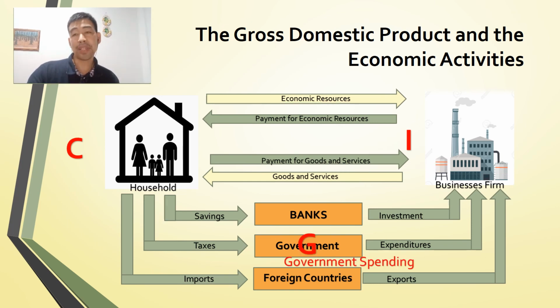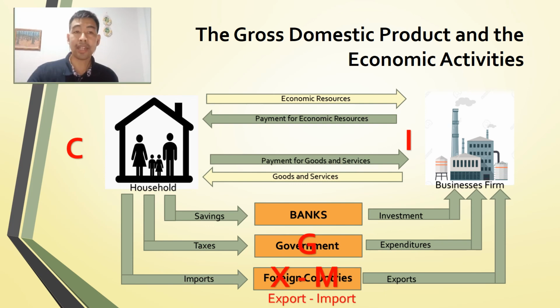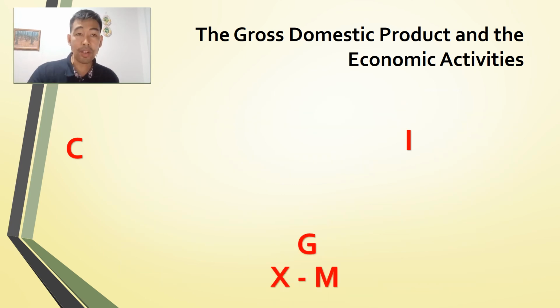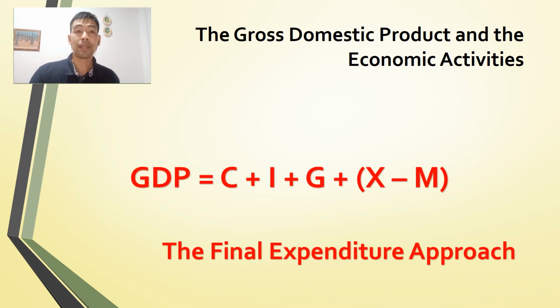Then from the government, we can determine government spending. And from the foreign countries, we can determine the net export, or export minus import. In all, consumption, investment, government spending, and export minus import are the formula for getting the gross domestic product, which is known as the final expenditure approach formula.